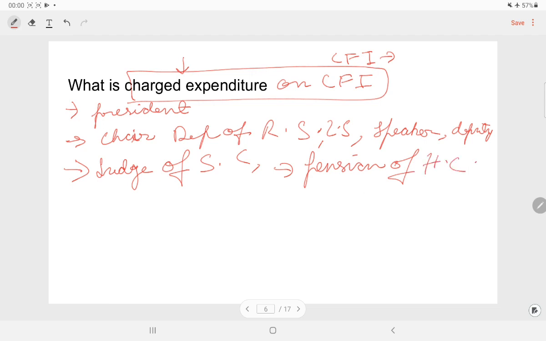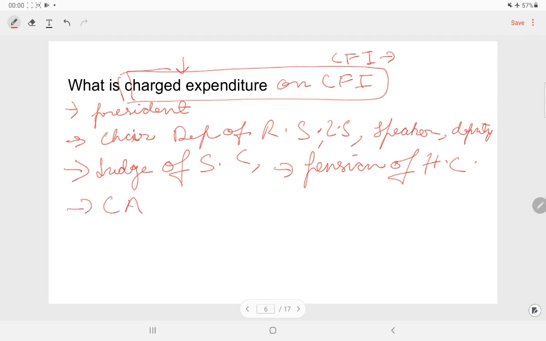Suppose a High Court judge is serving, the salary of that judge will be borne by the state government, and that will not be charged expenditure. But as soon as the High Court judge retires, the pension of that judge will come from the charged expenditure on the CFI.